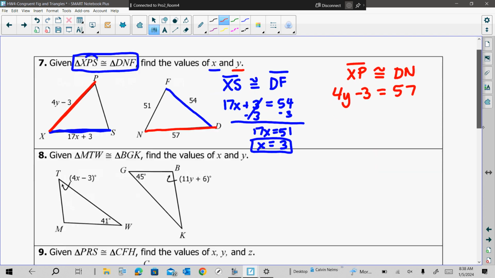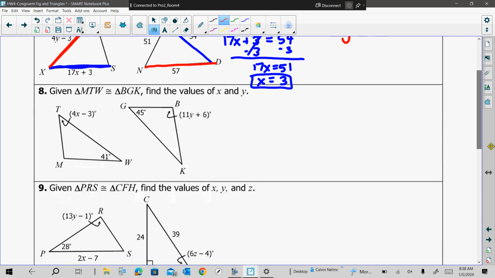Now, if you're dealing with angles, like on number 8, to kind of help simplify, they start off, they give us angle G here. G is the middle letter, and G matches with the middle letter T. So that lets me know this is also 45 right there.